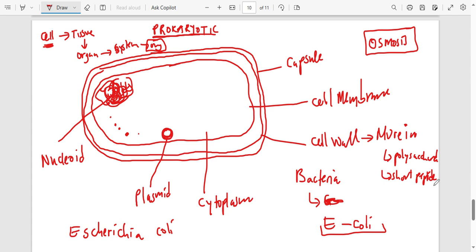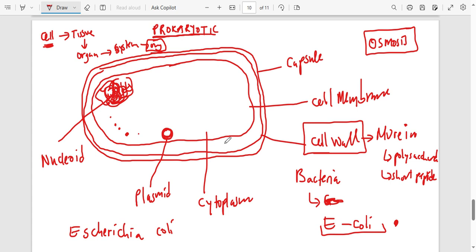So when you look at the cell wall, you can describe a prokaryotic cell as either being gram positive or gram negative, just looking at the cell wall. So this E. coli, which I've described, is actually an example of a gram negative bacteria. Talking about gram negative and gram positive just has to do with when you stain these cells. A stain is basically a dye.